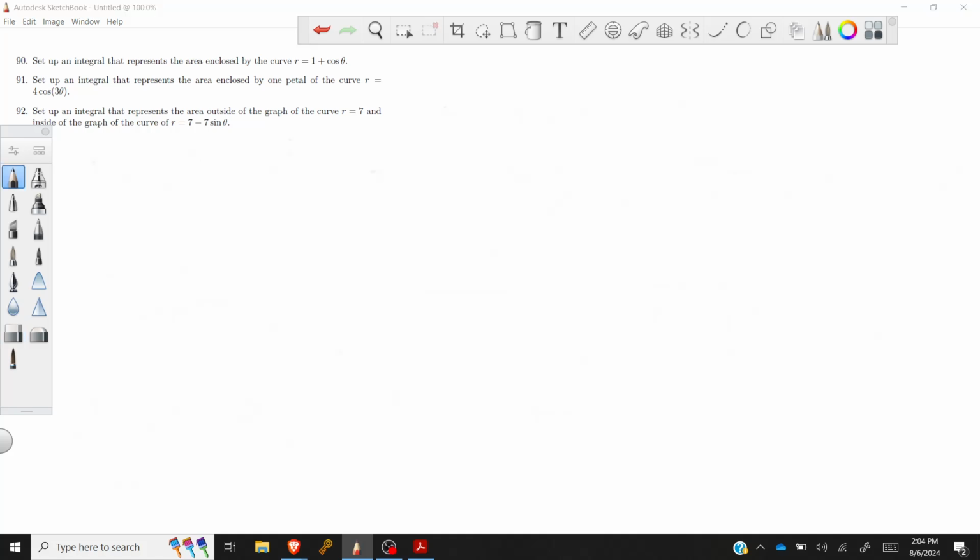Let's look at one petal of the curve r equals 4 cosine 3 theta. The graph of this equation looks a little something like this, with theta equals 0 at 4.